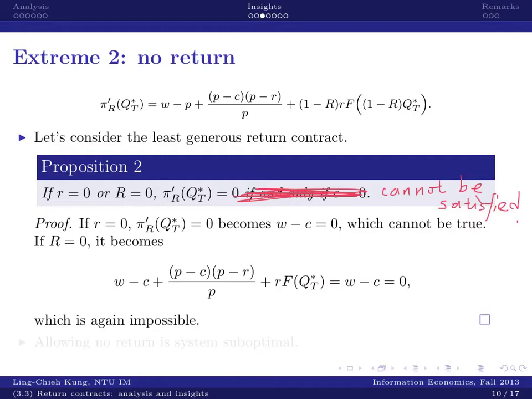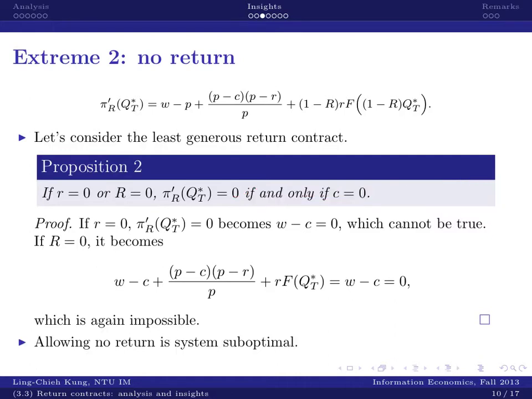You know that's going to be (p minus c) over p, something here. After you do this plug-in, you're going to see that again, we are asking w to be equal to c, which is again impossible. So this derivation tells us that if we do not allow returns, if we apply only a wholesale contract, this will be system suboptimal.